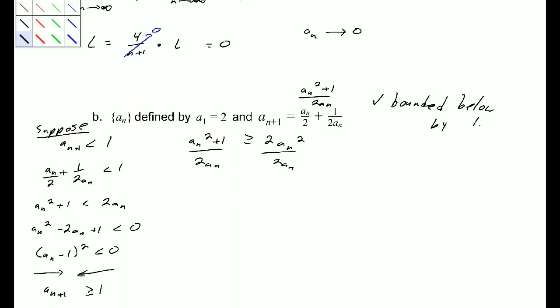That is the same sequence I have up there. So that is a_n over 2 plus 1 over 2a_n is greater than or equal to a_n. Or a_{n+1} is greater than or equal to a_n. And that is going to be true for all values that I come up with. So this is decreasing. It is monotone.